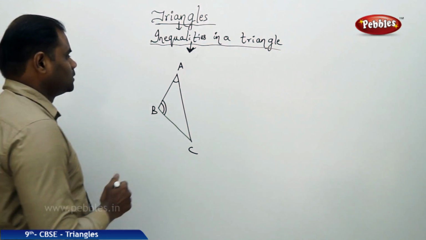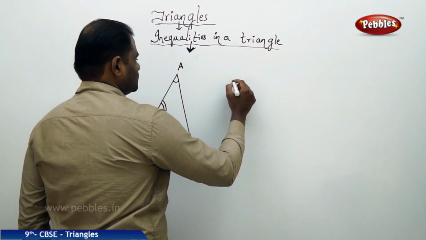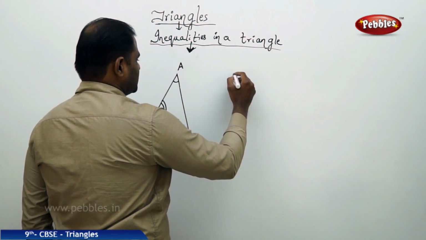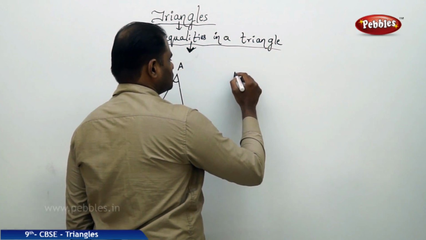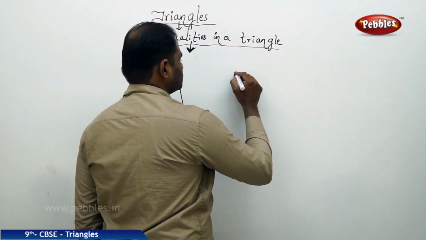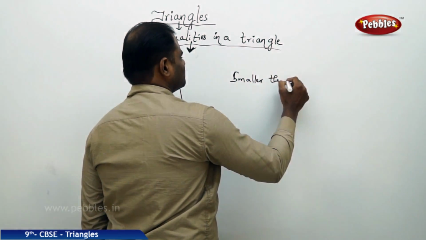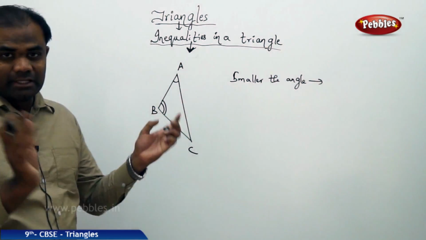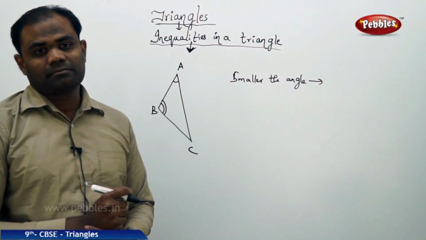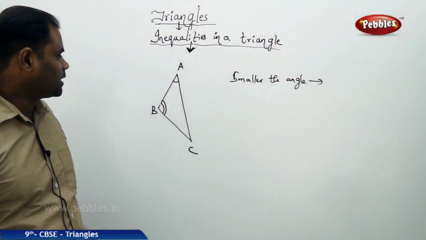Therefore, the property here says that the smaller the angle, the smaller is the length of its side. Larger the angle, larger is the length of its side.